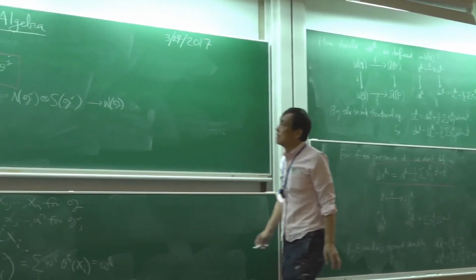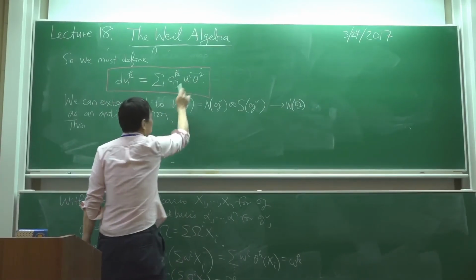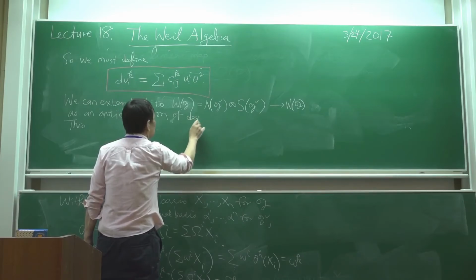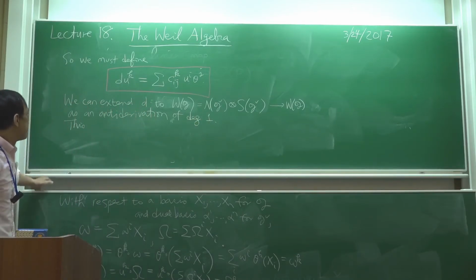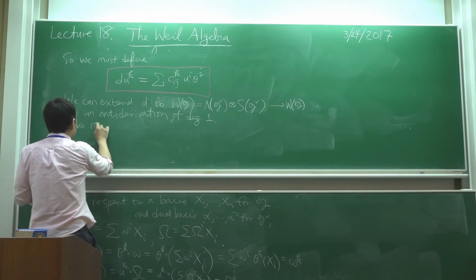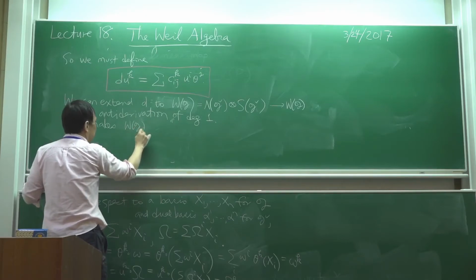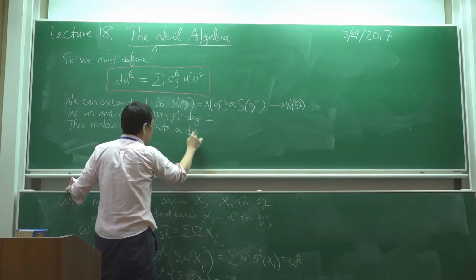And then here, u has degree 2, but this is degree 3. So it's an antiderivation of degree 1. It raises the degree by 1. So this makes the Weil algebra into a differential graded algebra.